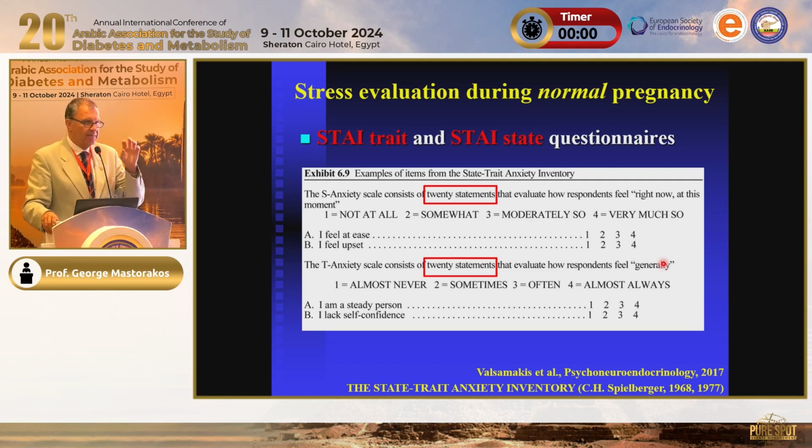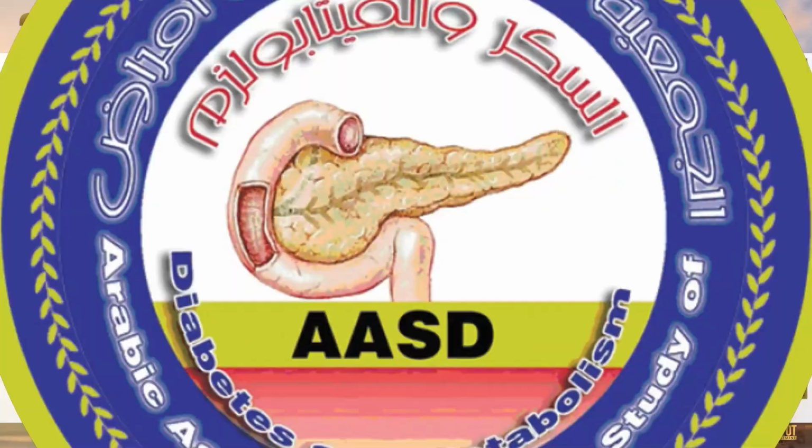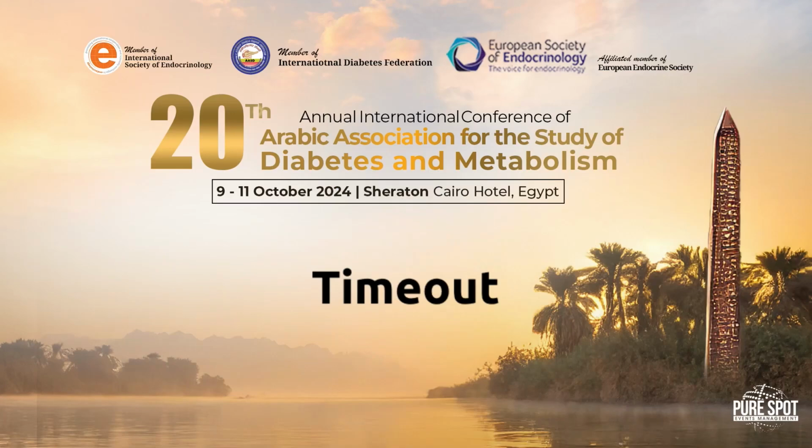One examines the trait of character of the mother, whether she's an anxious type, a depressive type, and the other examines the state of the mother, when at the moment of the questionnaire she is anxious. And we extrapolated the role of anxiety with the role of stress. We do not have today, till now, specific tools to assess the stress per se. So we have to extrapolate our knowledge regarding anxiety.